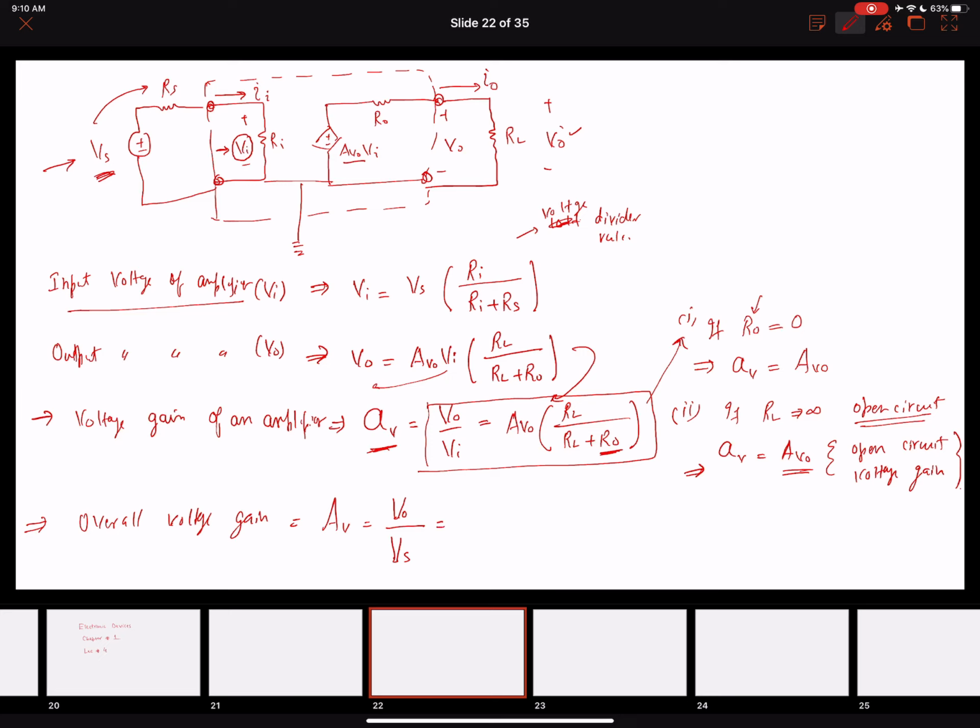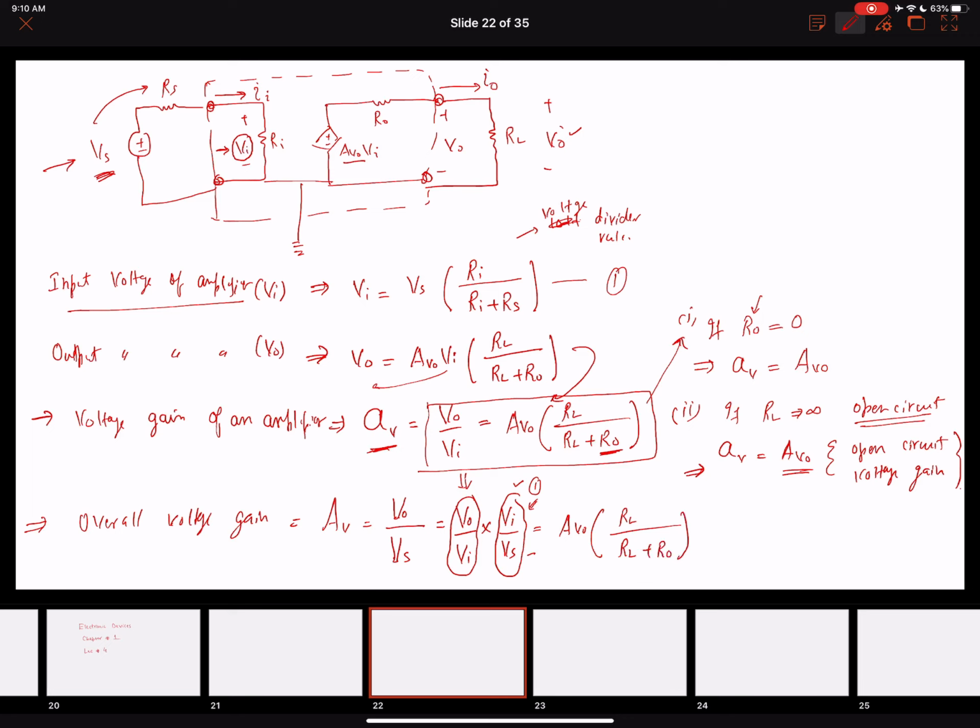I can rewrite this equation as V naught over Vi multiplied by Vi over Vs. V naught over Vi is coming from here: AV naught into RL over RL plus R naught.